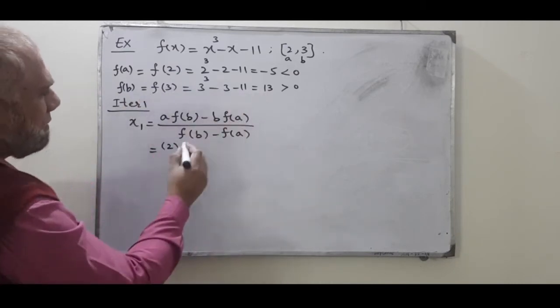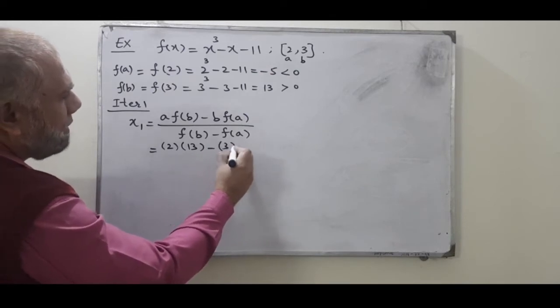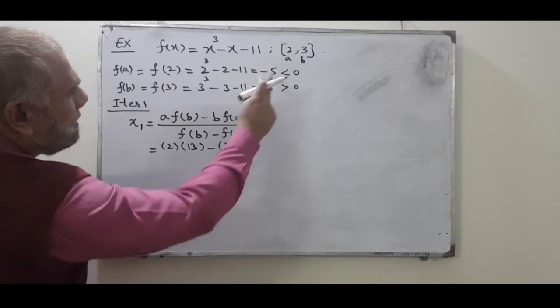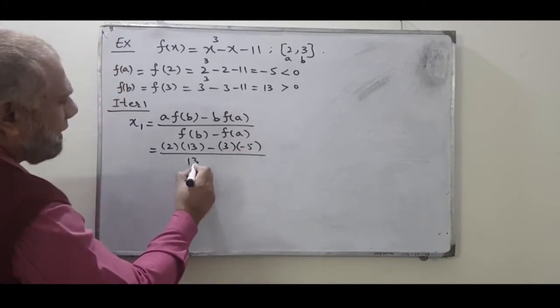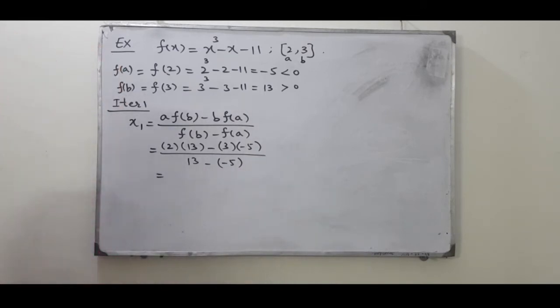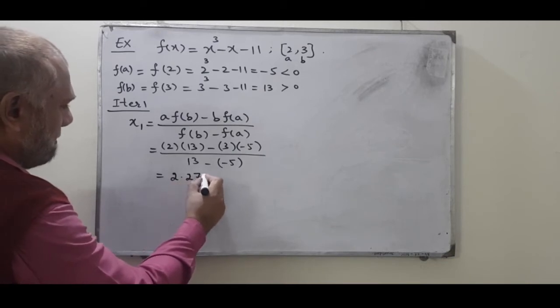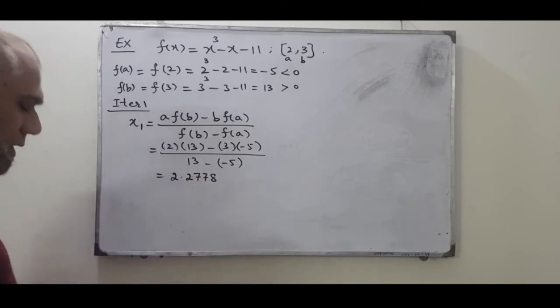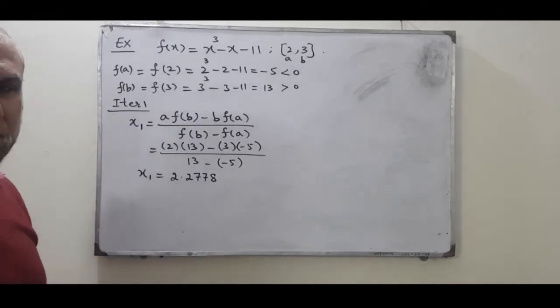So this is 2 times 13 minus b, which is 3, times f of a, which is minus 5, divided by 13 minus (minus 5). Whenever you use your calculating device and solve it, you will get 2.2778 up to 4 decimal places. And this is your x1, the first better approximation.